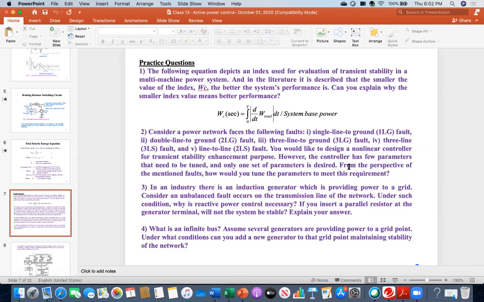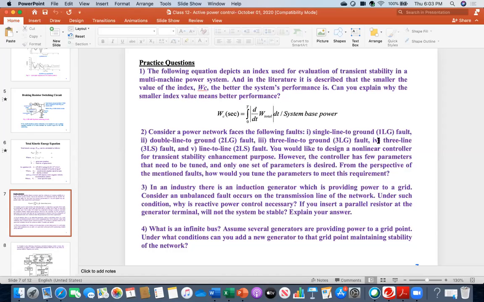So Lakshmi, do you get it now? Yes, doctor, I understood now. Mostly 3LG is better. The reason is that 3LG is the most severe, so for 2LS, 2LG, 1LG, that is fine. But if you design your system considering 1LG and say this is my only parameter set, when the fault is 1LG, it will perform the best.